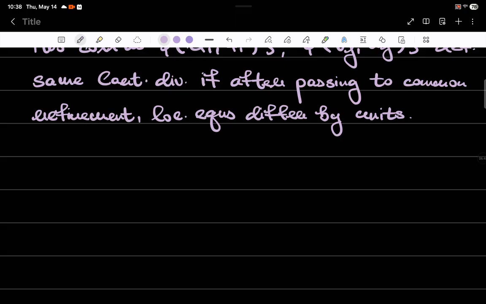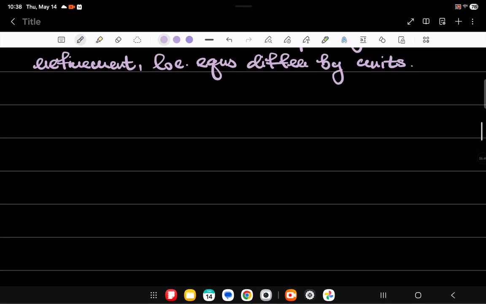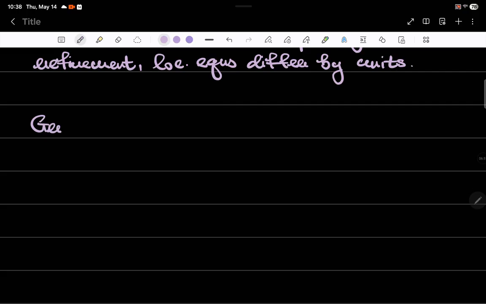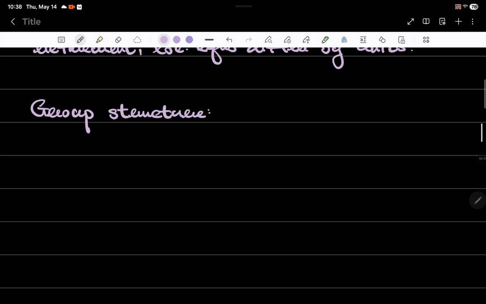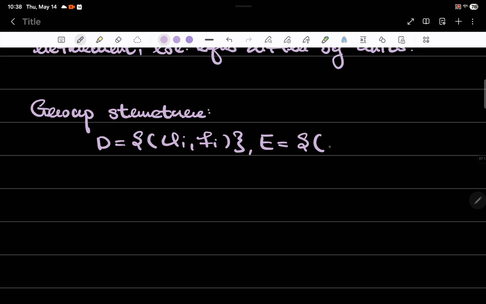Okay, now I should have defined this a bit earlier, but the group structure is as follows. Suppose I take D to be defined by the local data (U_i, f_i) and E to be defined by the local data (U_i, h_i).